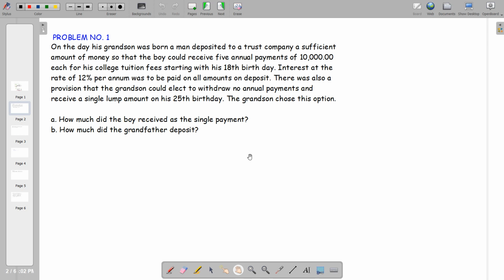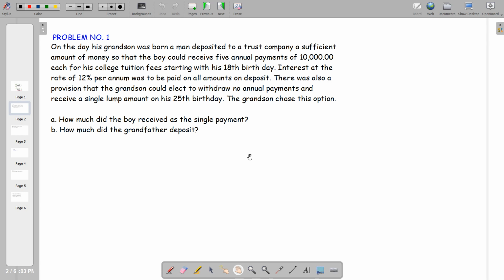So on the 25th birthday, instead of withdrawing 10,000 from the 18th up to 18, 19, 20, 21, 22, that is 5 withdrawals, he'll just sum the amount on his 25th birthday.